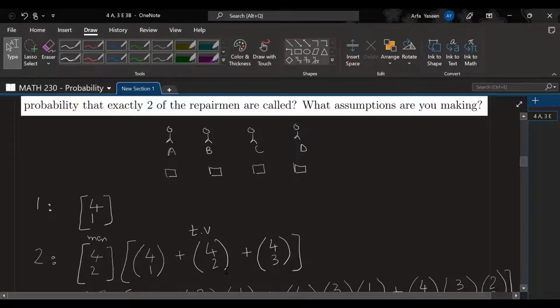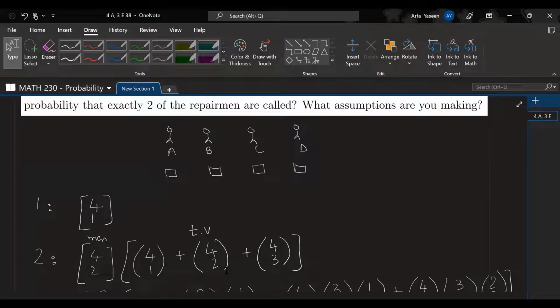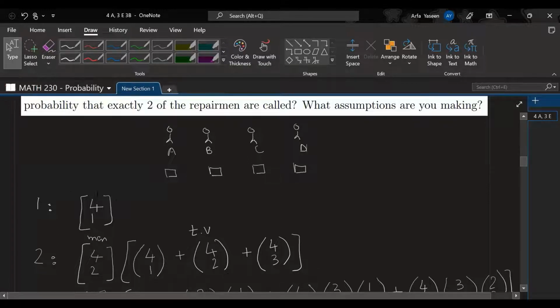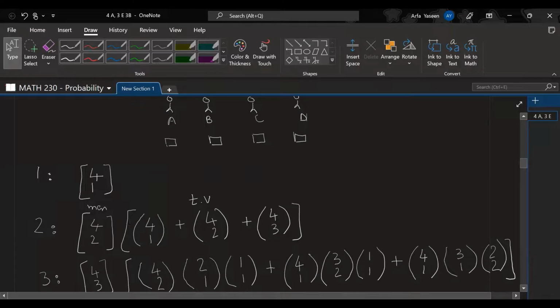I have to consider all cases जिधर मैं 2 repairmen choose कर रही हूँ, and then I divide the TVs among them. ऐसे नहीं हो सकता कि if I choose A or B, तो उसमें मैं A को कोई TV ना दूं और B को सारे दे दूं, because वो तो first वाला case था हमारा. Second वाले में I choose like 2 repairmen, then divide the TVs among them. So there are 4 choose 2 ways to select 2 repairmen, and then ये जो brackets में ये वाला part है, these are the ways that I can divide the TVs among them.